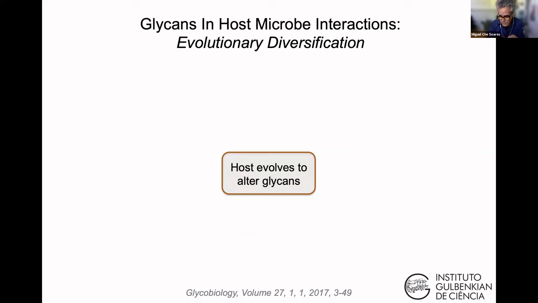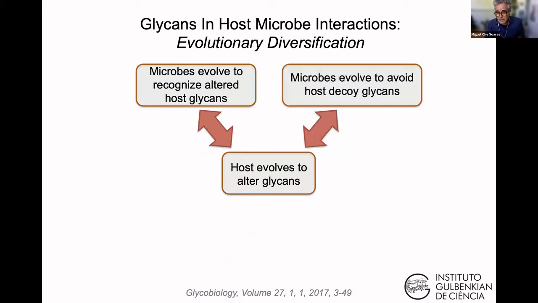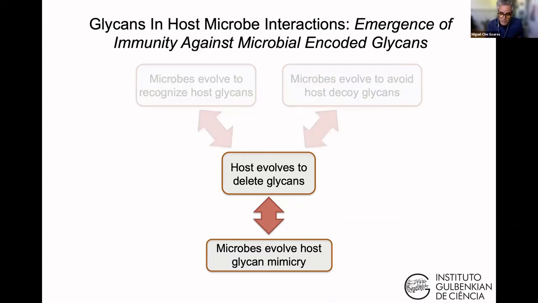For example, if a host evolves to alter a glycan or the structure of a glycan, microbes co-evolve to recognize that altered glycan. They can also evolve to avoid decoy glycans that are sometimes generated by hosts, or even, as you will see, mimic the glycans that sometimes are expressed by hosts.